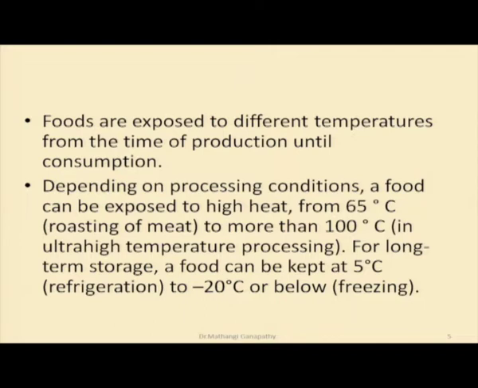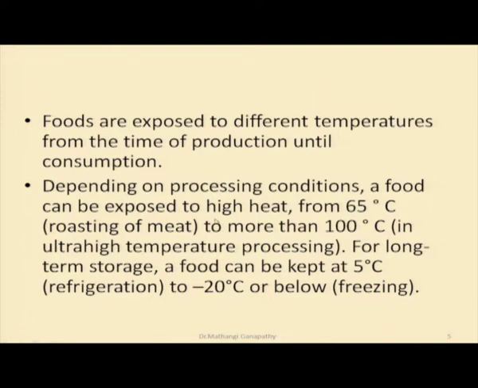in the temperature. So, depending upon the processing condition, the food can be exposed to high heat, meaning 65 degrees centigrade. For example, roasting of the meat is done at a very high temperature, more than 100 degrees centigrade, where we talk about preservation of the food in ultra high temperature processing.